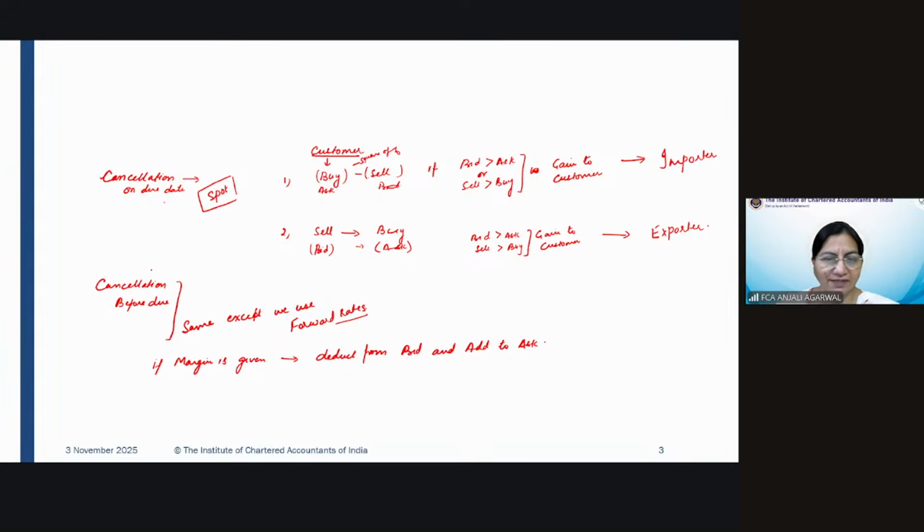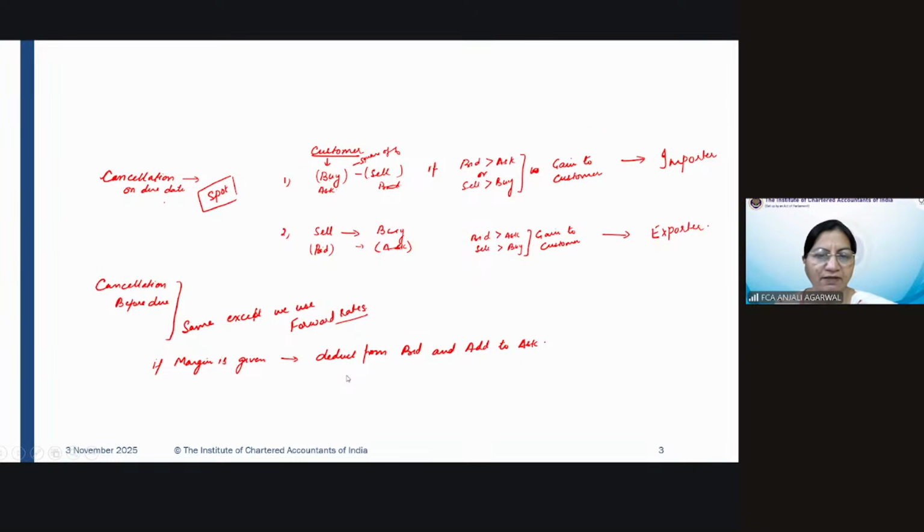Now, not just cancelling, but also asking for an extension. That is also simple. First part in the extensions, questions related to extension will be same. Whether it's a first thing, previous contract has to be cancelled. And then a new date extension contract will be given, just like we are calculating a forward rate for the cancellation if it is before due date.